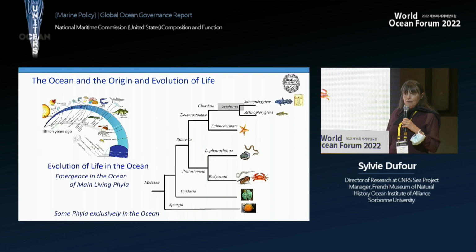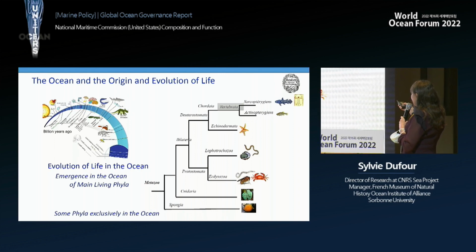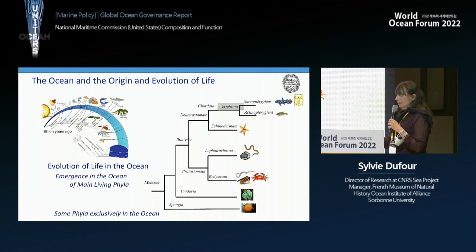So in fact, most of the main phyla of life emerged in the ocean, as represented here, for instance, Spongia, Cnidaria, up to our ancestor, the Sarcopterygians that led to human beings. So all this life diversified in the ocean, and some of these groups are still only present in the ocean.